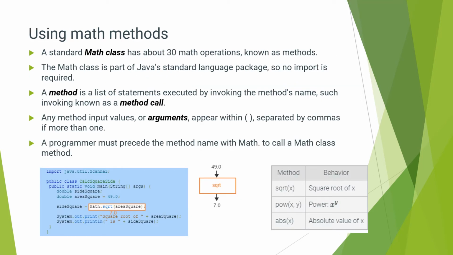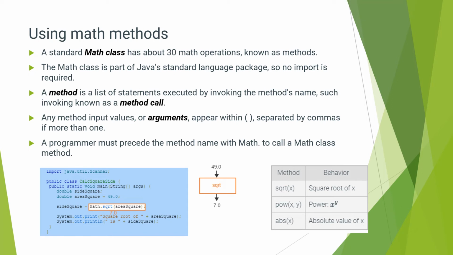Coming to using math methods, a standard Math class has about 30 math operations known as methods. The Math class is part of Java's standard language package, so we don't need to import it. A method is a list of statements executed by invoking the method's name. Such invoking is known as a method call.